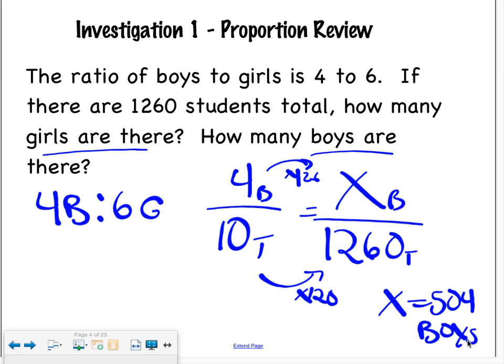To get girls, we can take 1,260 minus 504 to get 756 girls.